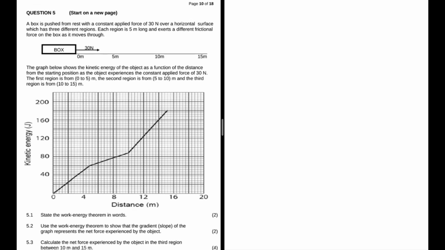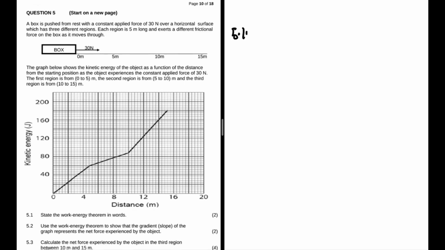It goes on to say that the graph below shows the kinetic energy of the object as a function of the distance from the starting point as the object experiences the constant applied force of 30 Newton. The first region is from 0 to 5 meters, the second region is from 5 to 10, and the third is from 10 to 15.